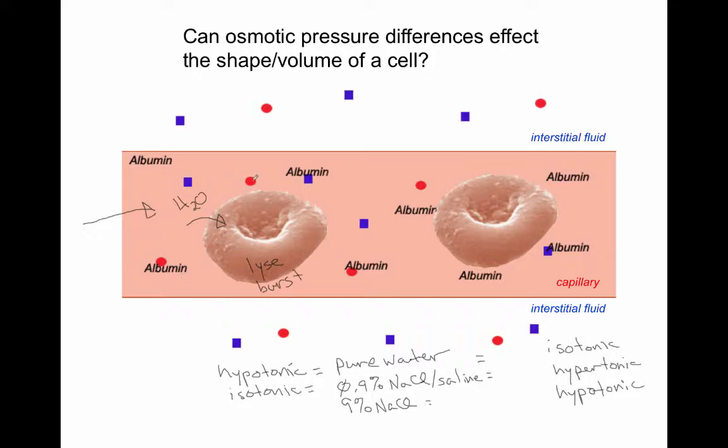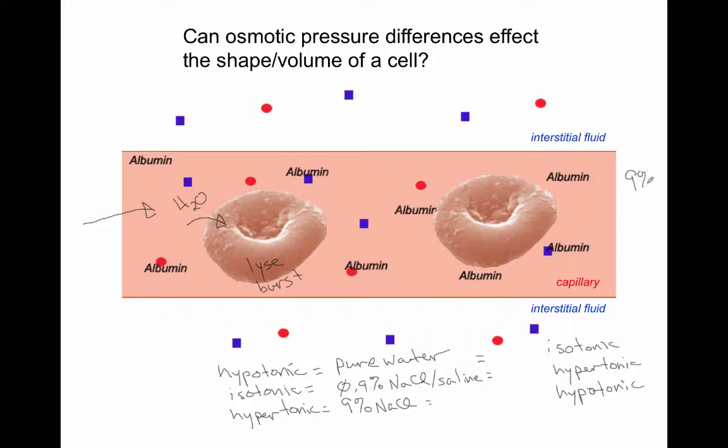0.9% sodium chloride or saline solution, if you said isotonic, you're correct. When it's infused into the bloodstream, it has a negligible effect on cells in terms of lysing or crenating the cell. That leaves us then with a hypertonic solution of 9% sodium chloride, which has a very high osmotic pressure. We have a lot of solute coming into this mixture.